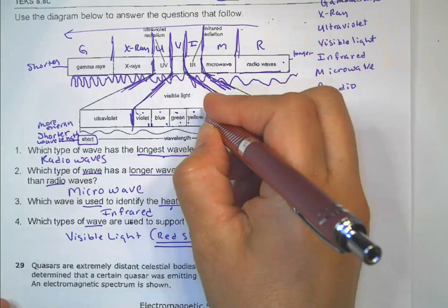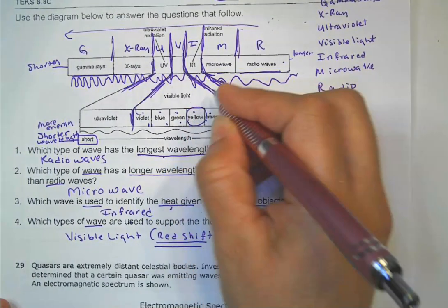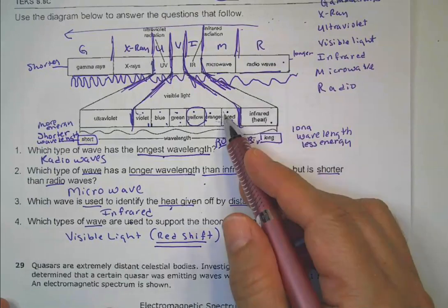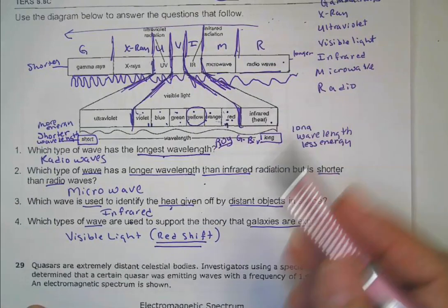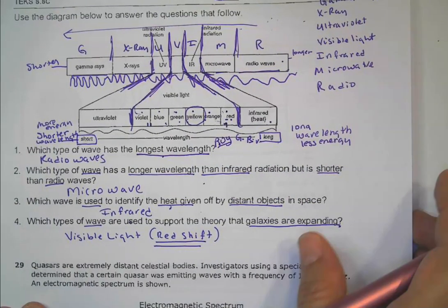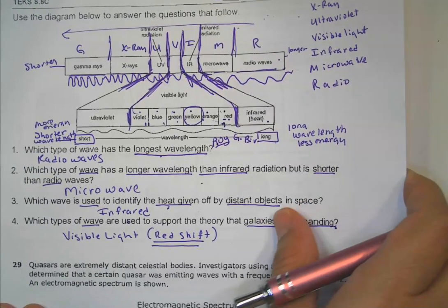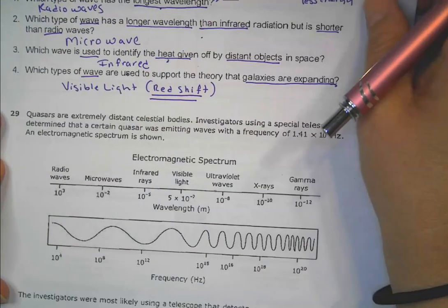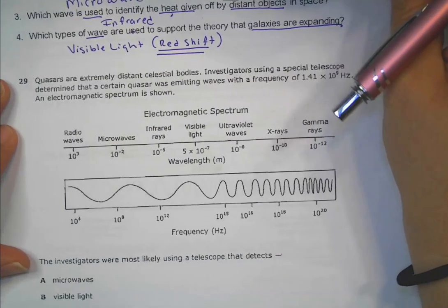Our star is a yellow star, so it has a lot of energy in comparison to the red and orange stars. Now we go to the actual question, our first question that has to do with the electromagnetic spectrum. I just wanted to go over all of that other information again.